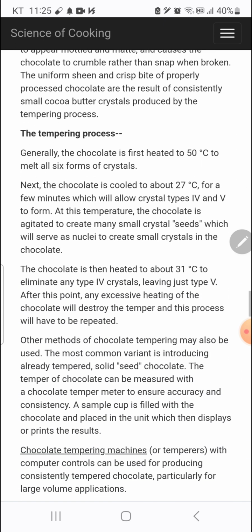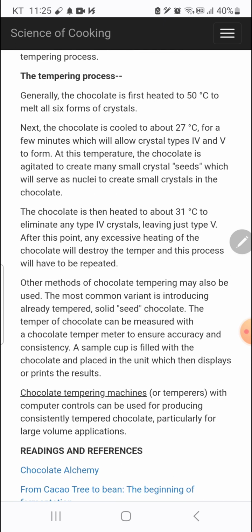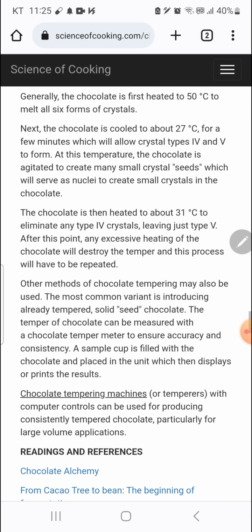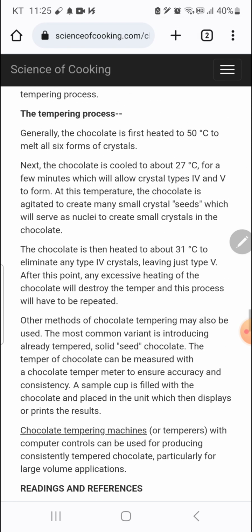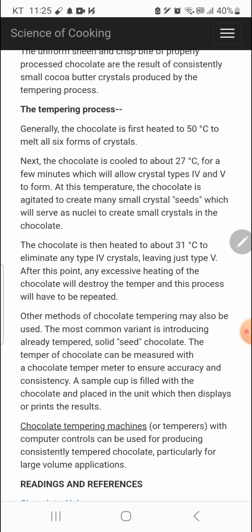The tempering process. Generally, the chocolate is first heated to 50 degrees Celsius to melt all six forms of crystals. Next, the chocolate is cooled to about 27 degrees Celsius for a few minutes, which will allow crystal types 4 and 5 to form.